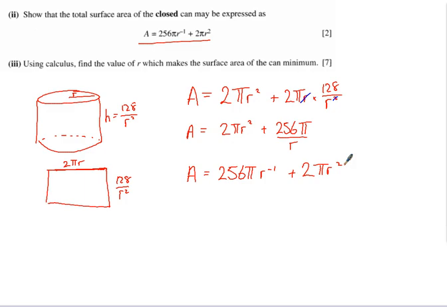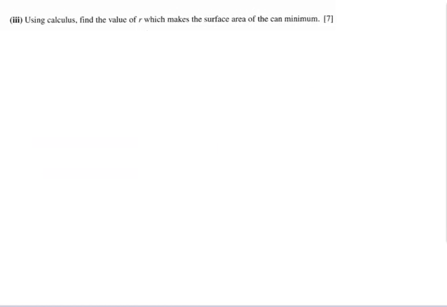So finally, we're asked to use calculus to make the surface area of a can a minimum. Well, let's start with our area again. It's 256 pi r to the minus 1 plus 2 pi r squared. Now, to find the minimum value of a surface area, we're going to have to differentiate the area, in other words, find dA by dr, because this is all written in terms of r.